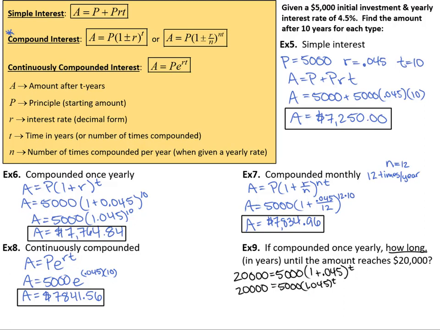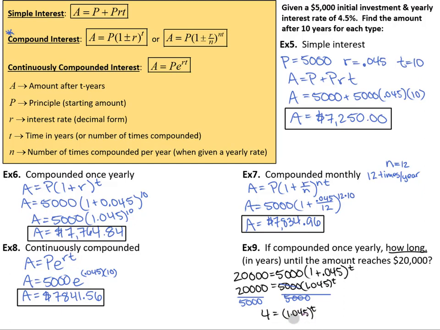And that 5,000 is held on with multiplication, so we're going to divide both sides by 5,000. Okay, so we divide our 5,000 away. Over here, 20,000 divided by 5,000 ends up being 4. And we probably don't even need the parentheses over here anymore.